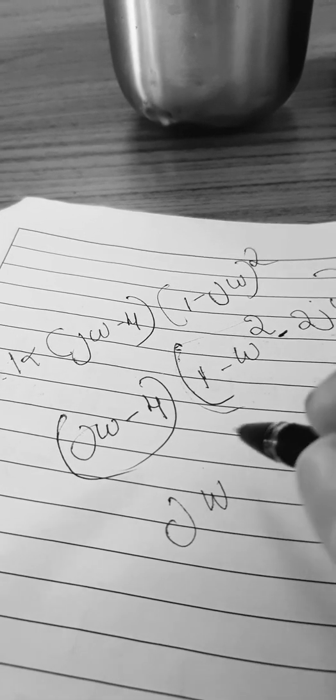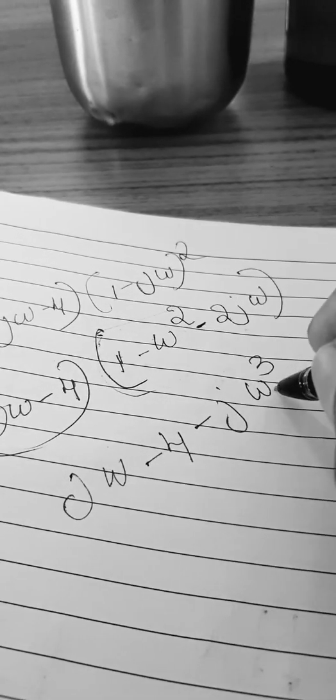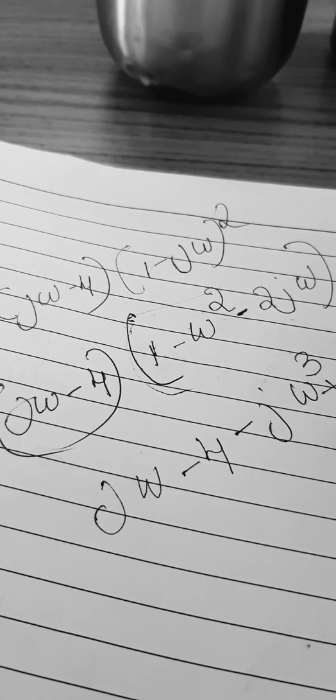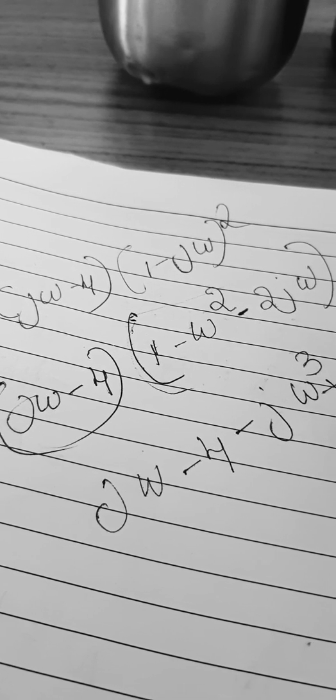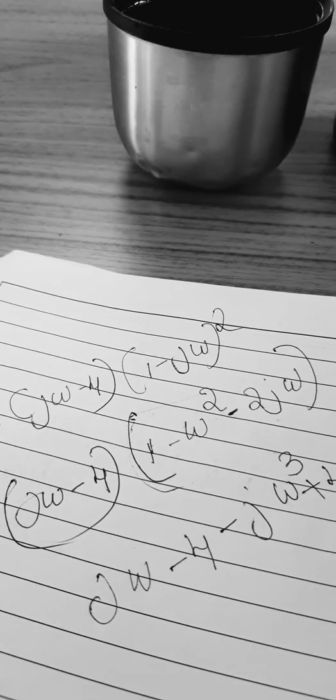This is multiplied by jω − 4. So 1 into jω, 1 into −4, minus ω² into jω, minus jω³, minus into minus plus 4ω², then 2 into −2, j²ω², j² again, plus 2ω², minus into minus plus 8jω.